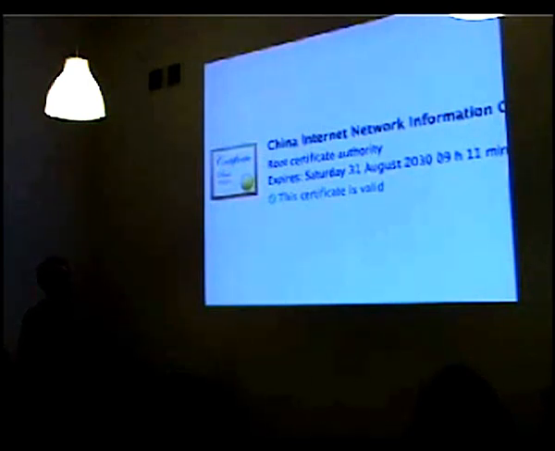Now, the question is, do you want to trust the Chinese government to be able to sign arbitrary certificates? It's an honest question. Because the consequence of this is that if your machine trusts this, and the Chinese government decides that it wants to fake your bank, or it wants to fake Facebook, or whatever, it can, and it will be cryptographic. It'll look perfectly fine in your browser.